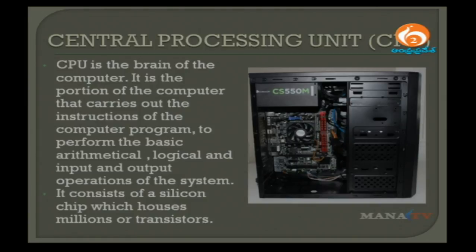It consists of a silicon chip which houses millions of transistors. What is the meaning of this? You just have to remember that the CPU is one of the main components that passes the entire information to the computer.